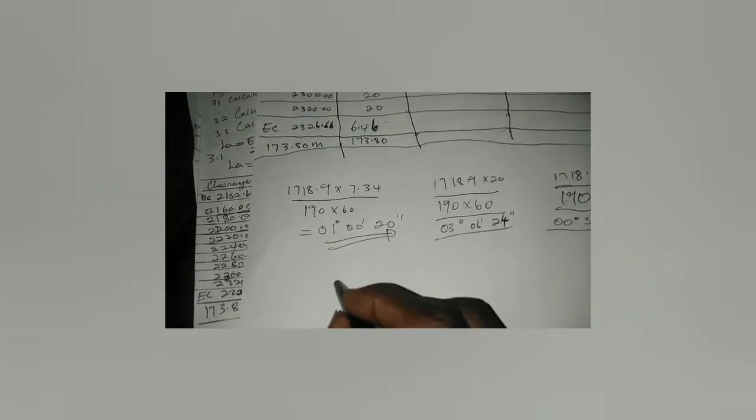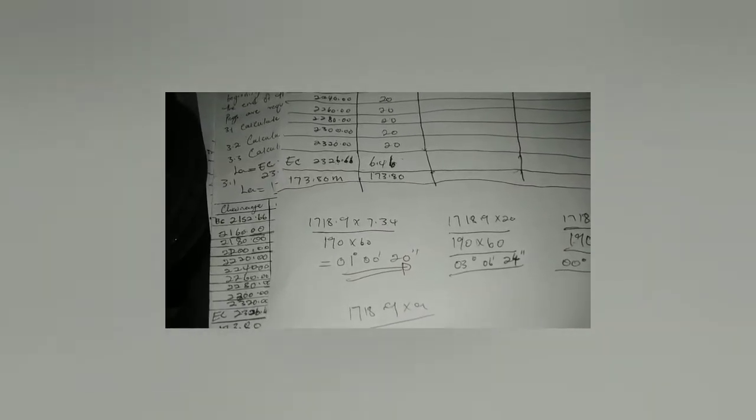Then divided by the radius, we are given the radius of 190, times 60. So we're going to substitute. Let me write this formula here: 1718.9 times the A over the radius times 60.